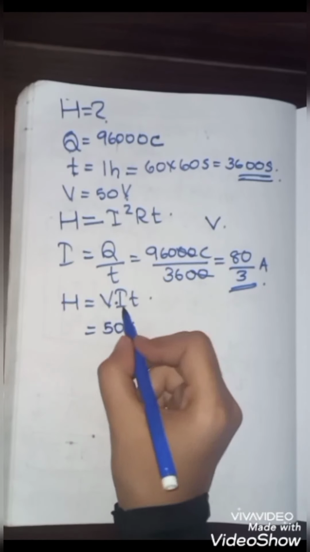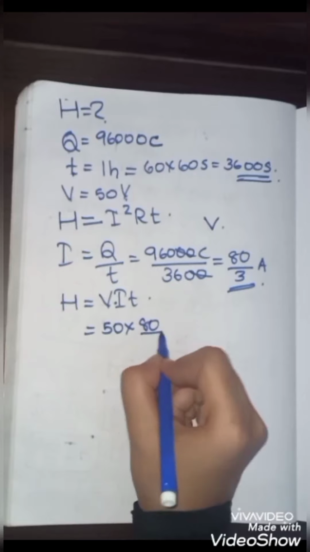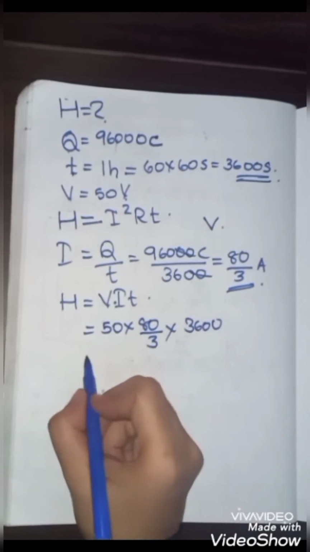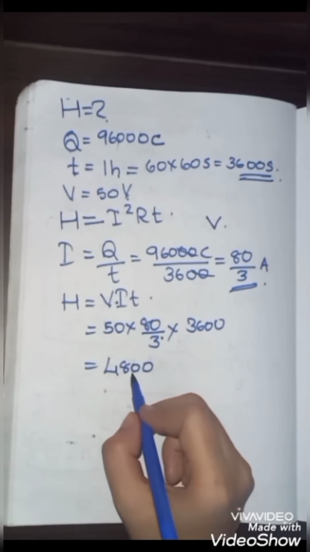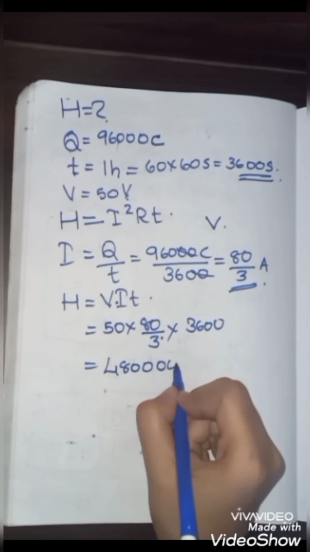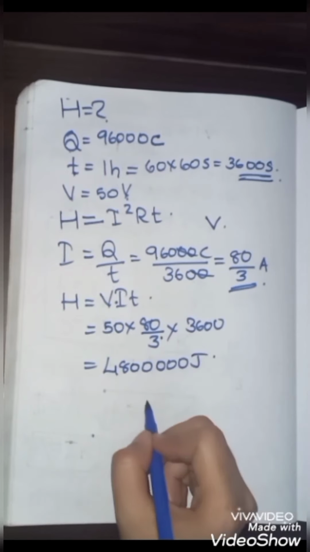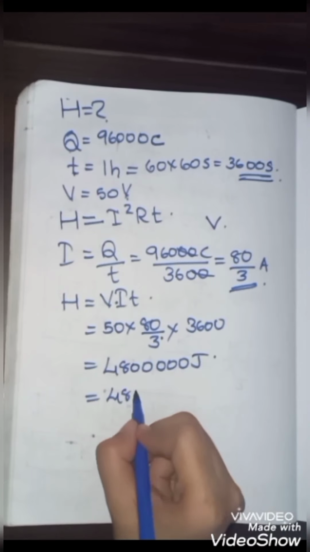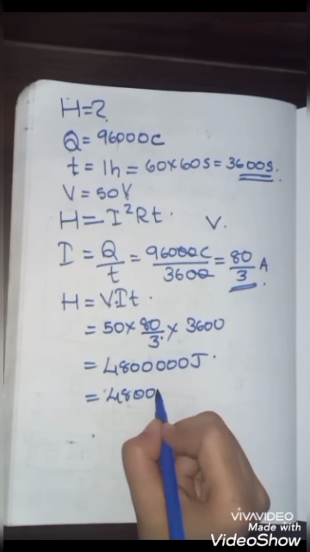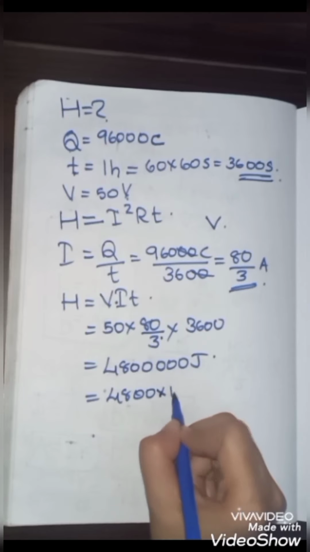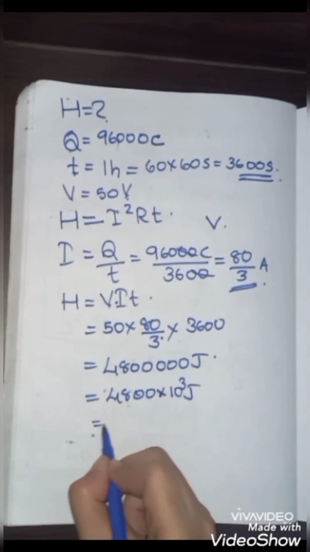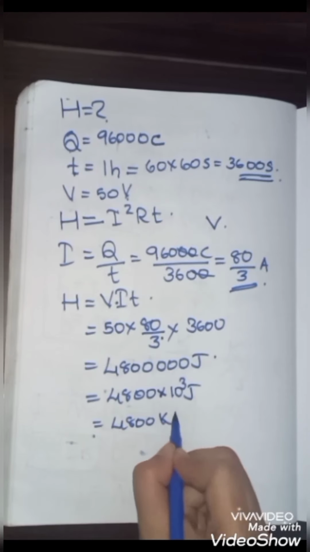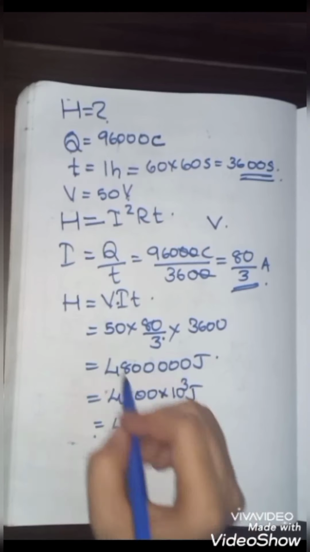That is 50 into 80 by 3 into 3600 seconds. The final answer will be in joule. We can convert it into kilojoule, that is 4800 into 10 raised to 3 joule, that is 4800 kilojoule. Okay, this is the heat produced.